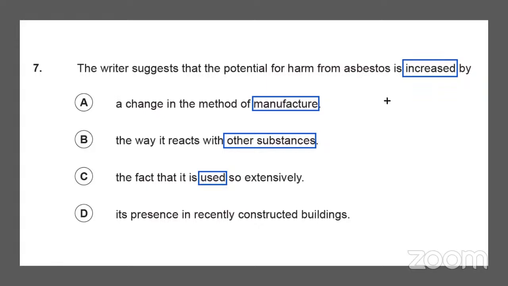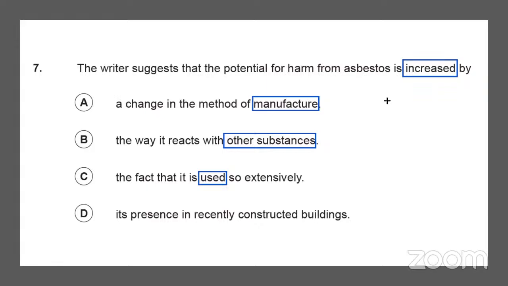The next one, you said extensively. Extensively what? Extensively used. So usage is important here. Okay.